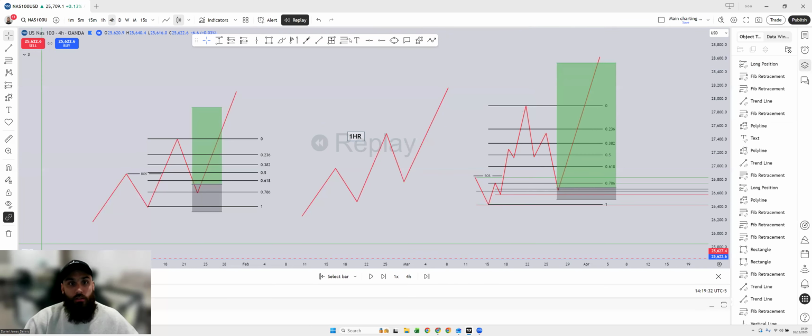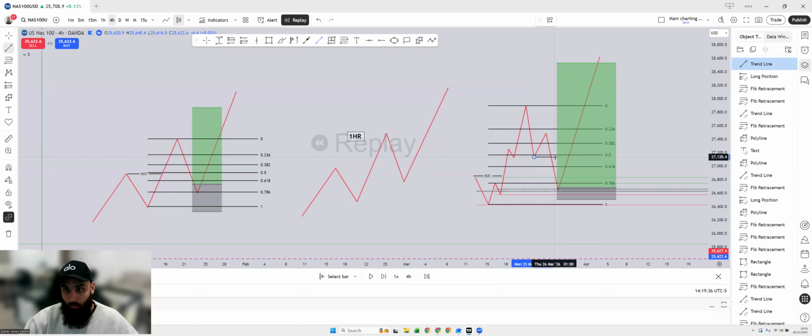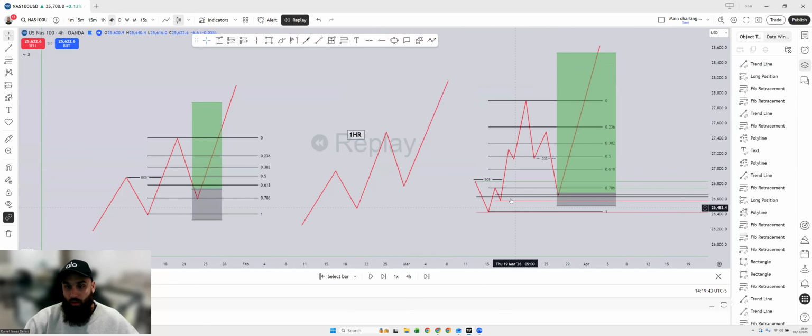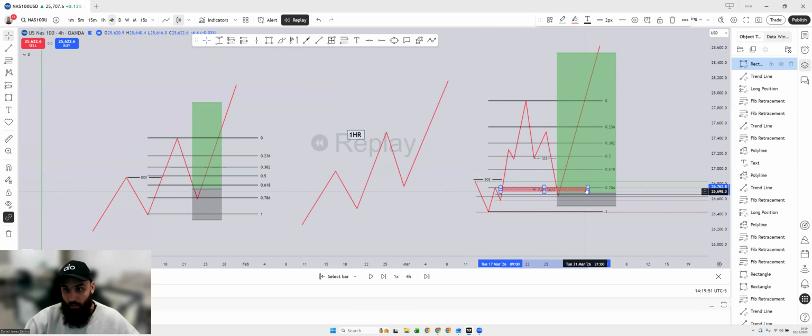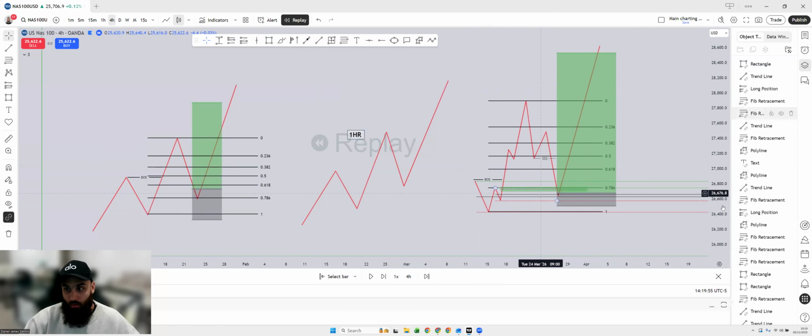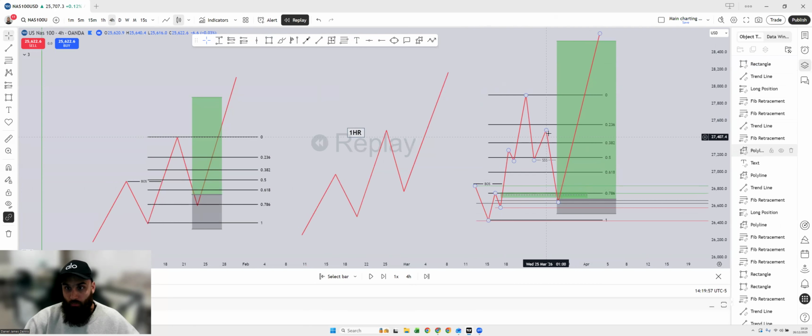So this becomes liquidity, right? Now, what you also might find that you have down here is fair value gaps. Like, so you may have fair value gaps inside of your pushes, right? So these all become reasons for price to come down to collect fuel to go up.